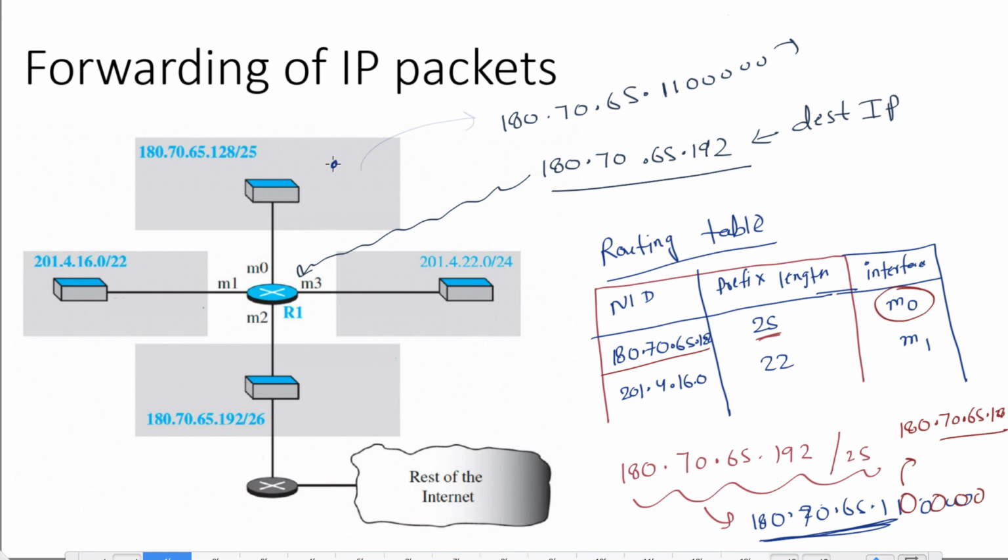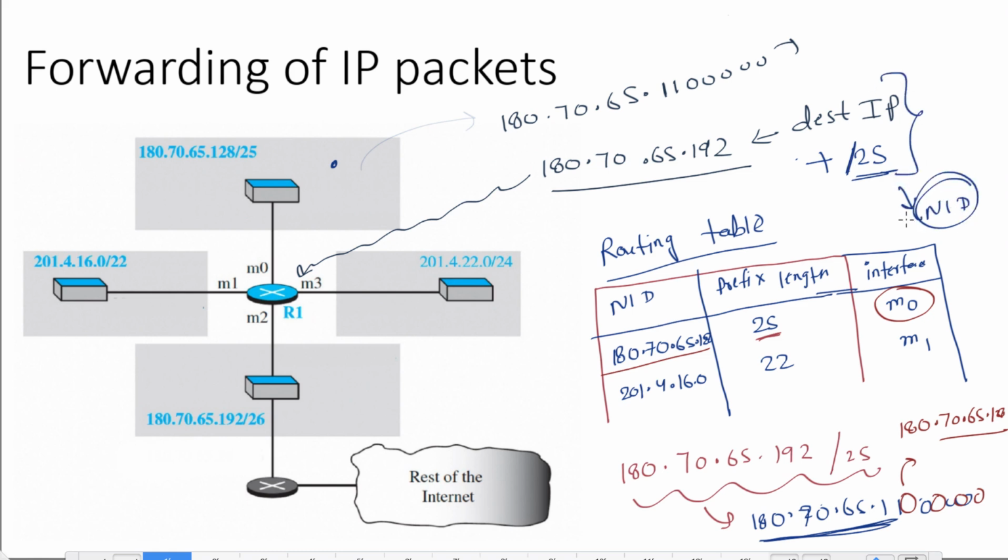So what it does is check in which network this packet belongs, and it does that using the prefix length. It applies the prefix on this destination IP. The destination IP is given to us, and the prefix is taken from the routing table, which is /25, and from these two it finds the network ID.